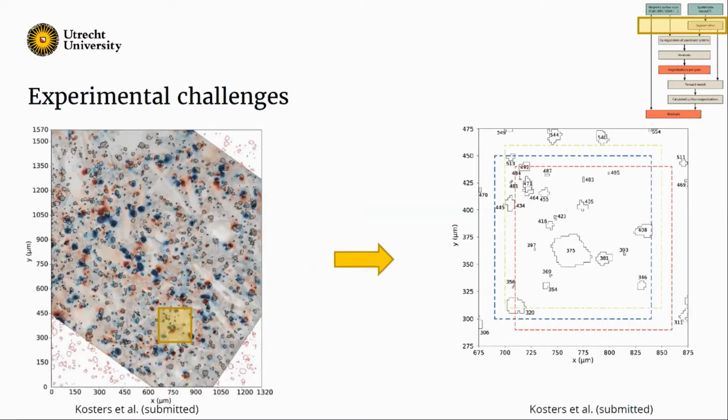What happens is that at the boundary of these segments, there are magnetic grains that are either partially in there or just outside the CT scan, but they do have a magnetic field. And a magnetic field is not just contained within the grain, but also goes around it. For the inversion, that is a bit of a problem because we do see a magnetic moment, but we cannot assign it to a grain if it's not in that segment. So we're working on making our inversion areas larger and our measured areas smaller, and hopefully that will be fixed sooner or later.